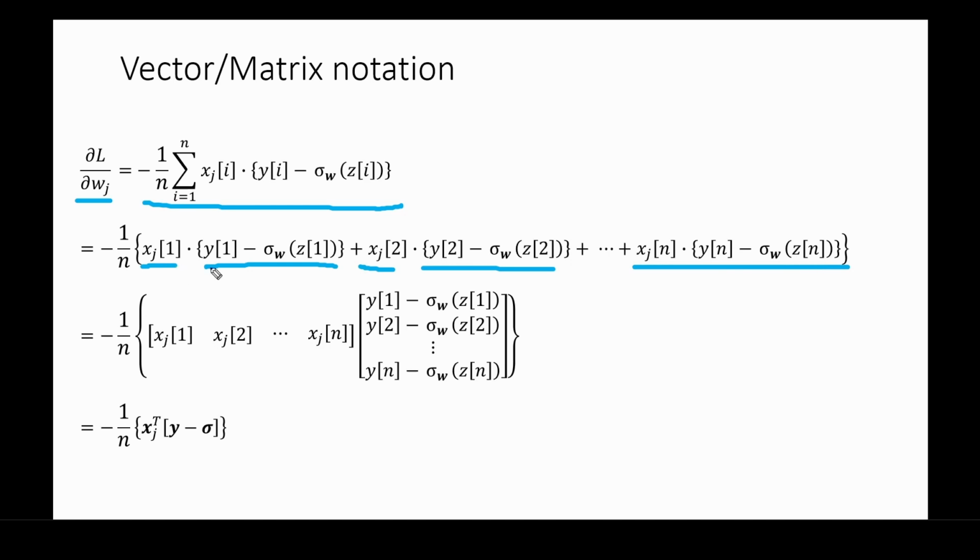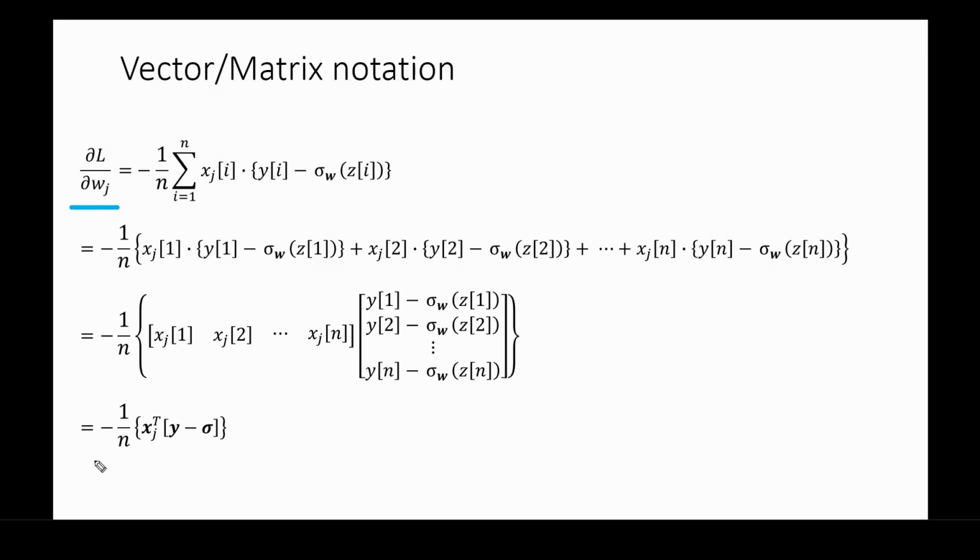We can represent this summation as a vector multiplication. It equals this row vector times a column vector. The row vector is simply xj transpose, and the column vector is simply the column of y minus the column of sigmoid function values. Next, we need to expand this gradient of the loss function with respect to a single wj to the entire gradient with respect to all wj.